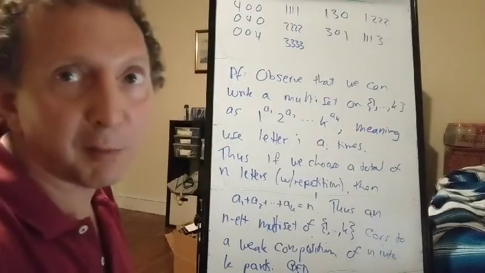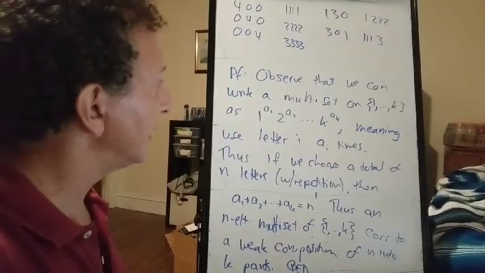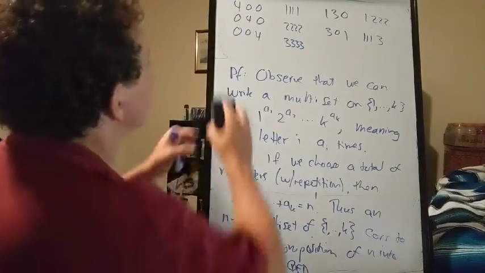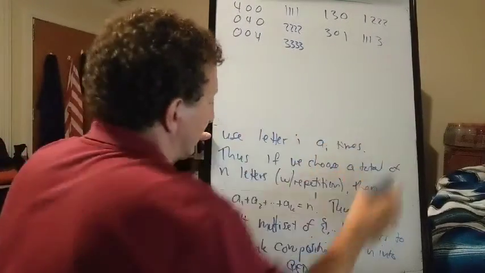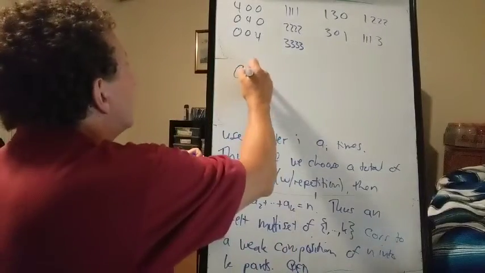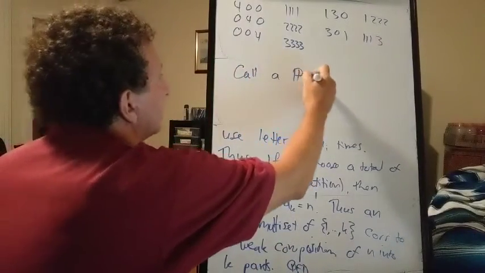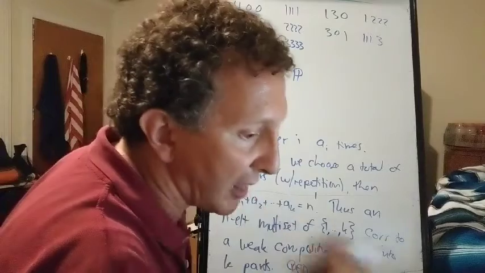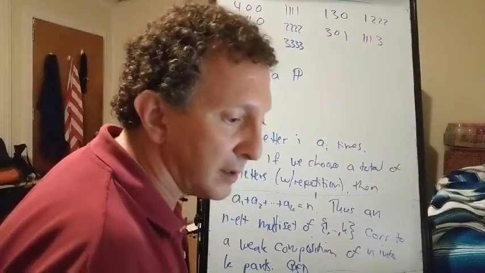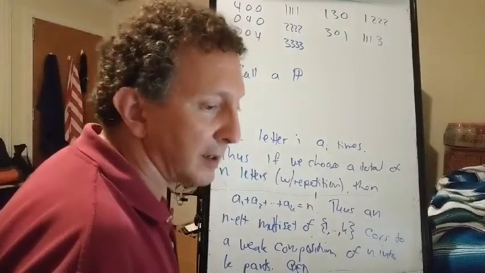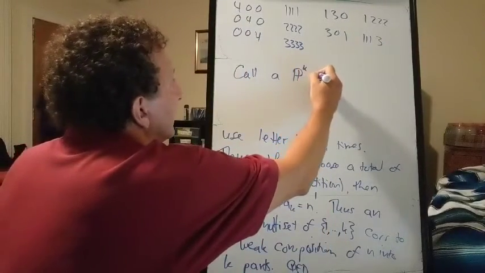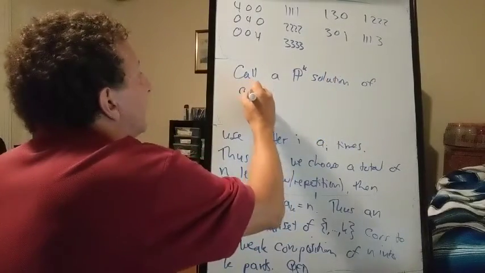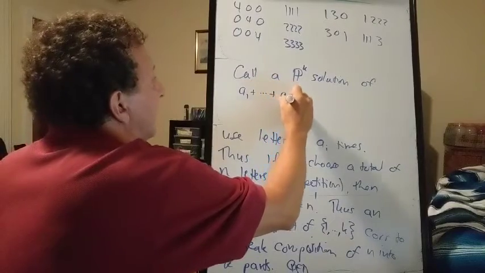All right, now let's look at the same problem, but let's insist that the solutions be positive. So no zeros allowed in these multiplicities anymore. So let's call a positive integer solution, really a P,K solution, of a1 summed up to ak equals n.